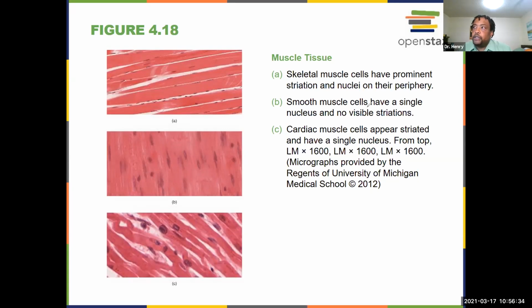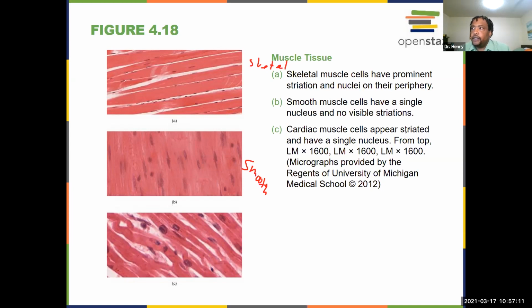Okay, smooth muscle is actually going to have a single nucleus, and you're not going to see those nice striated lines. You're not going to get those nice little stripe separations. So this is smooth muscle. This guy is skeletal muscle. And this guy is cardiac muscle.